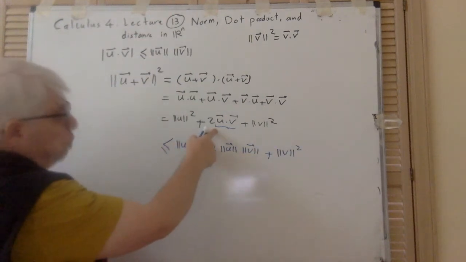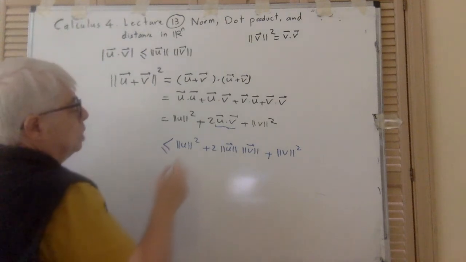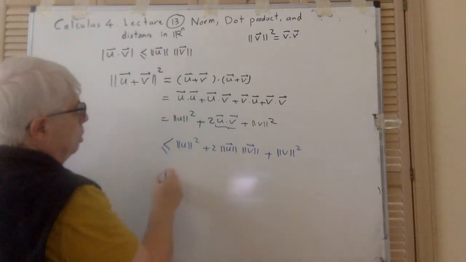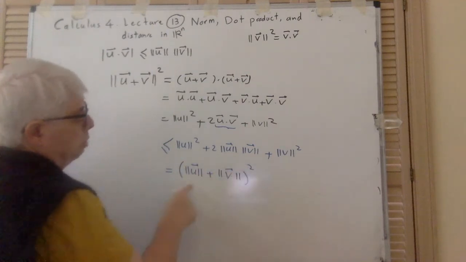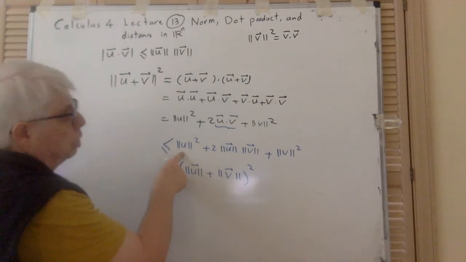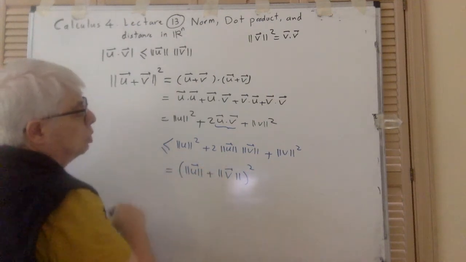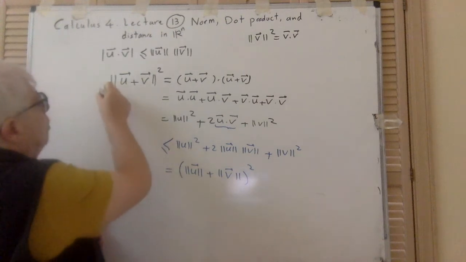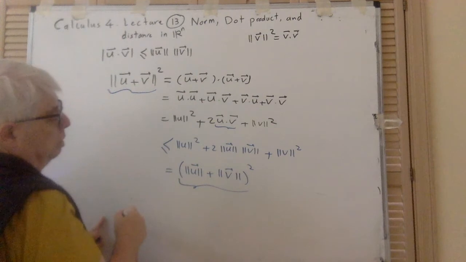Even with absolute value, this is less than this, let alone without absolute value. And this is from college algebra: we know that this is the norm of u plus v squared. Remember, u plus v squared is this one squared plus twice this one times this one plus this one squared.